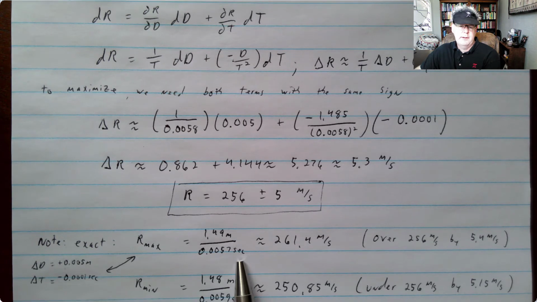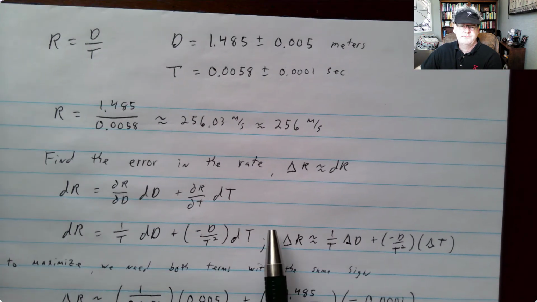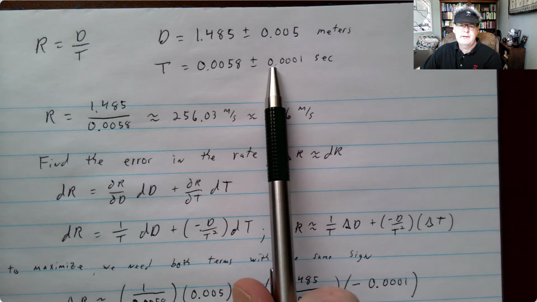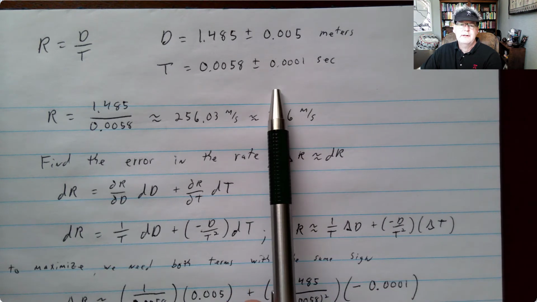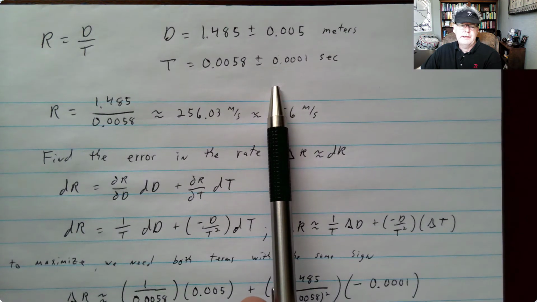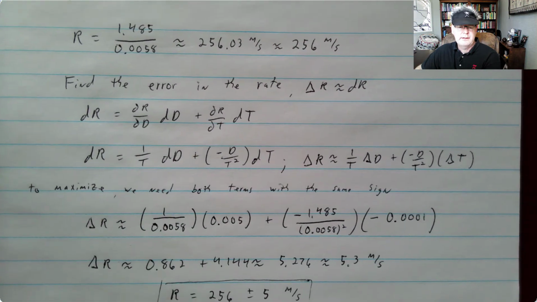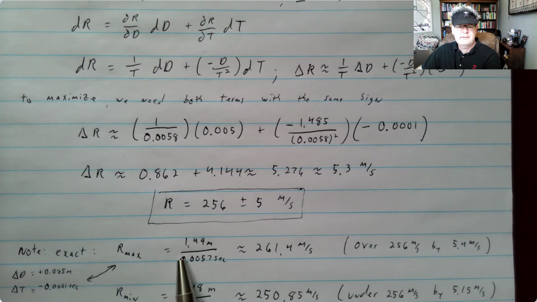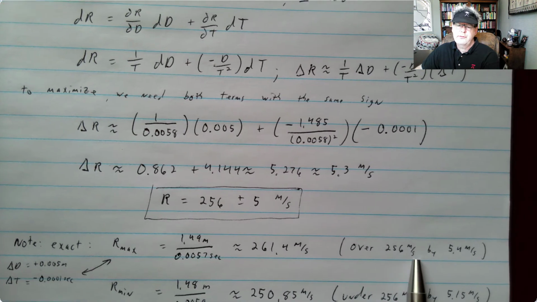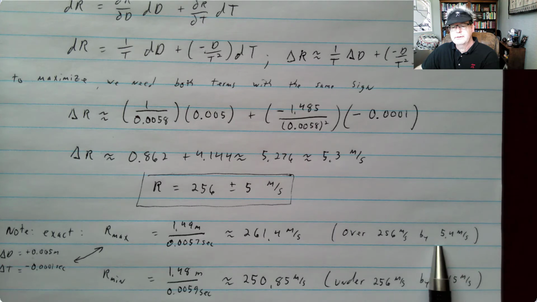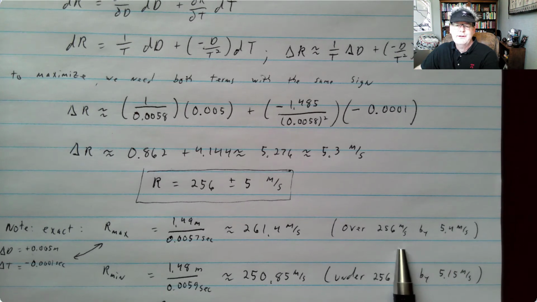Right, so using the minimum time to go with the maximum distance, that's the maximum rate given these parameters. If the distance was in this range and time in that range, then the rate of the bullet at most could have been 261.4. So it was over by about 5.4, or close to 5, over our 256.